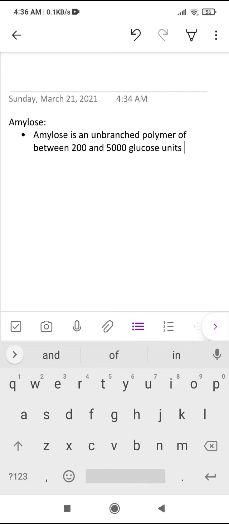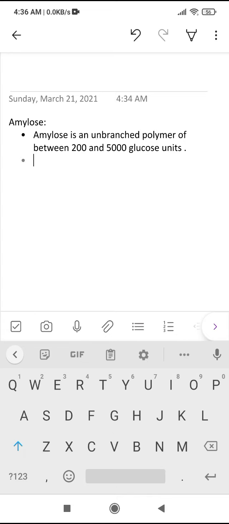So amylose is an unbranched polymer of between 200 and 5000 glucose units.